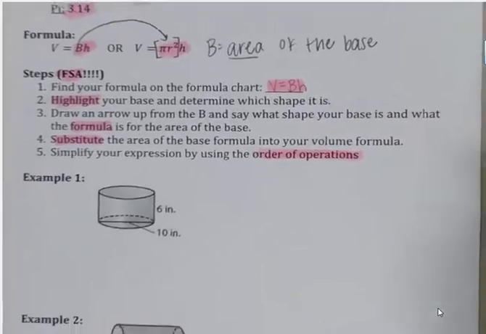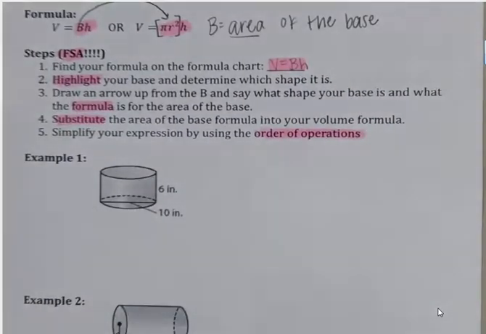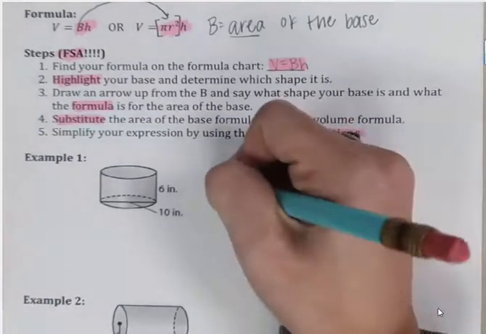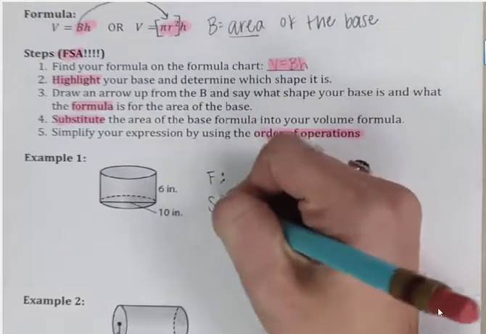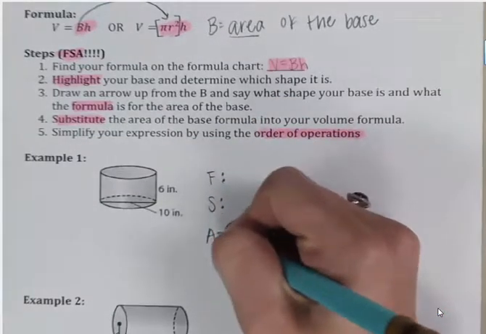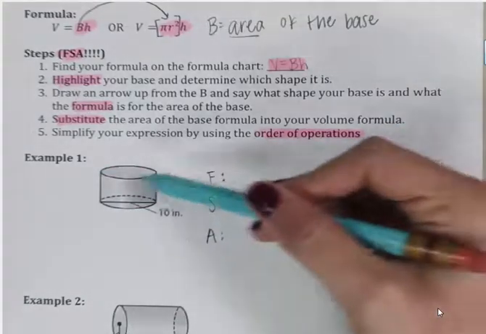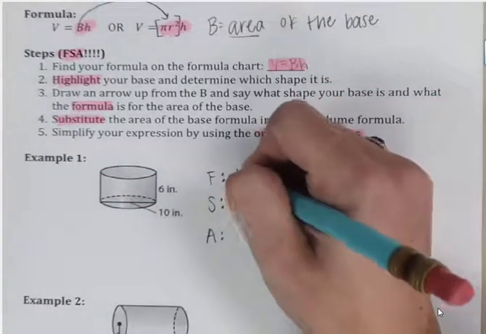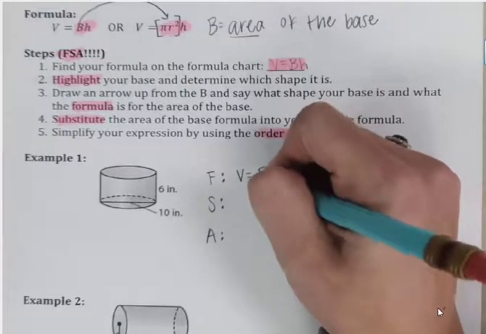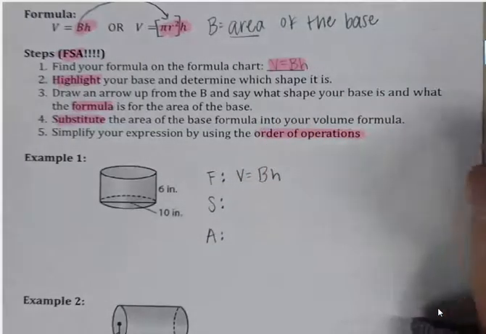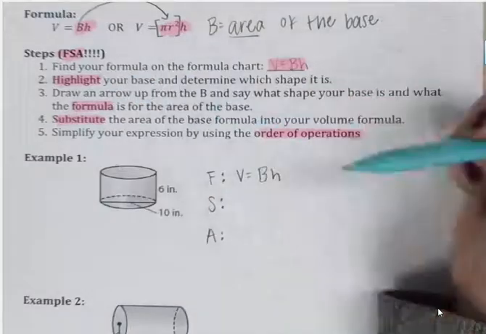So, example number 1, we're going to follow these steps exactly. So we know we're going to use FSA. Our formula: I'm solving for the volume, so I know volume is equal to big B times H. My next step says highlight my bases.